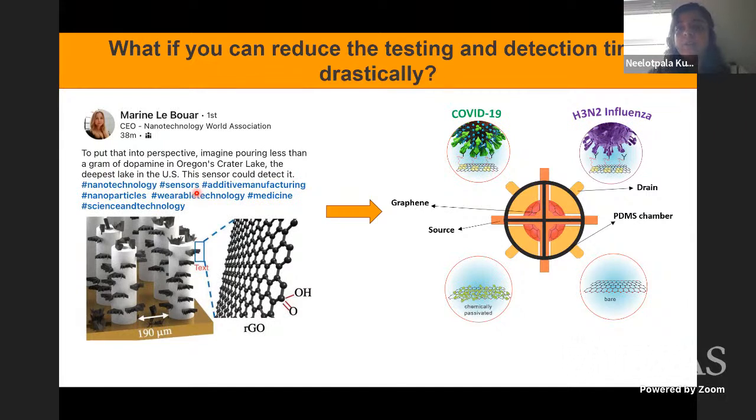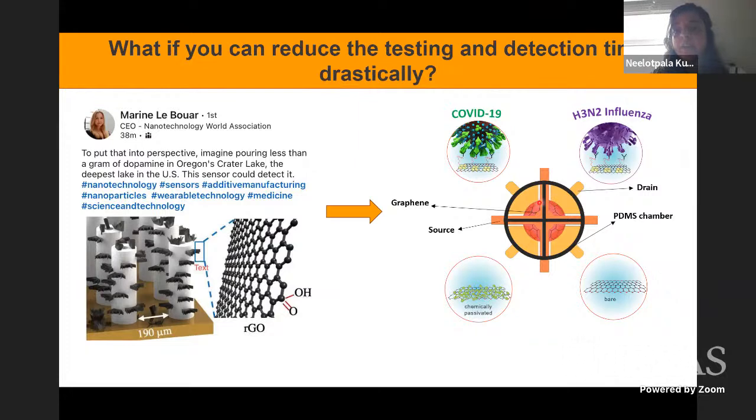So what we did at Akinwande Lab is try to solve all these problems by making a field effect transistor using a 2D material called graphene. In this field effect transistor, we are able to detect COVID-19 and flu separately at the same time.